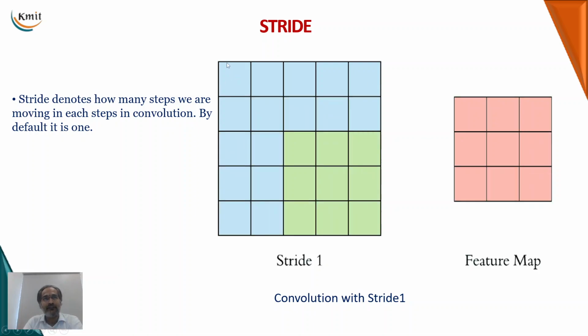If you observe in this case, the kernel is working on these pixels, then it is analyzing these pixels and then moving to these pixels. And now what about this pixel? And what about this pixel?